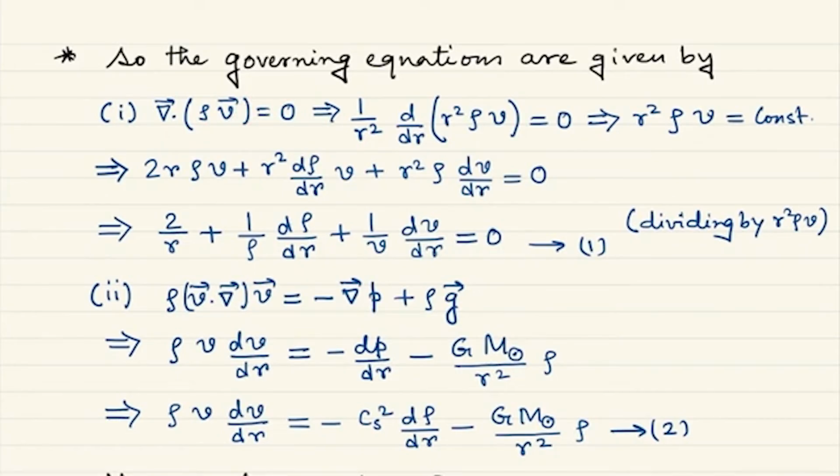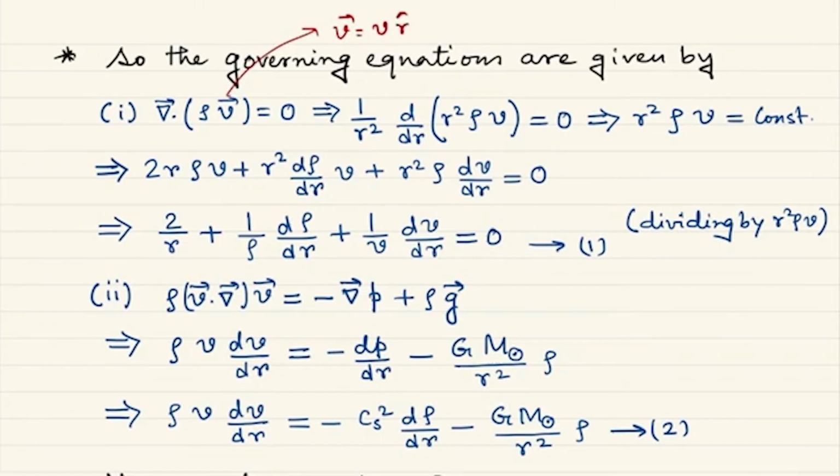Now, when we are talking about a spherically symmetric case with only radially outward flow, the divergence will be written in a spherically symmetric way, and the only non-vanishing velocity will be the radial part of the velocity. So when we write this, we assume that v is nothing but v r cap.